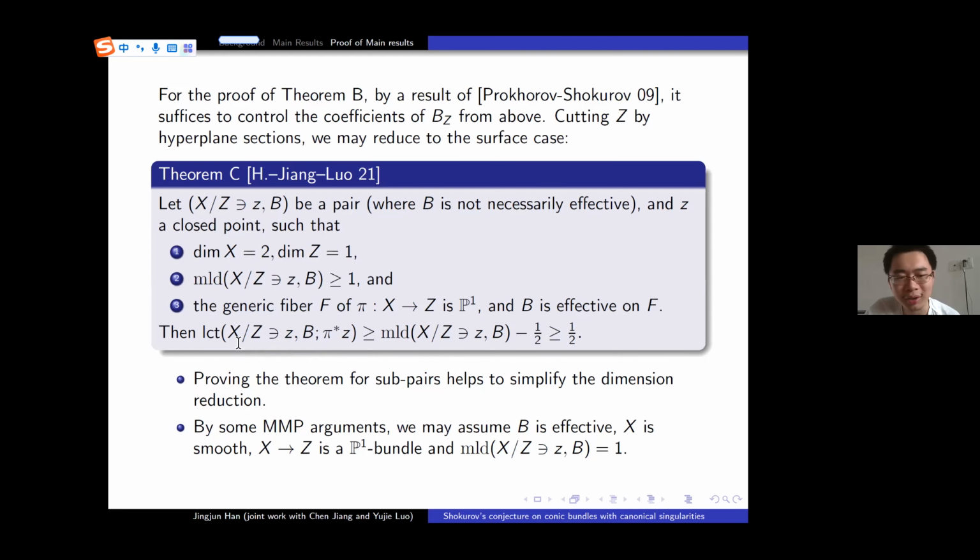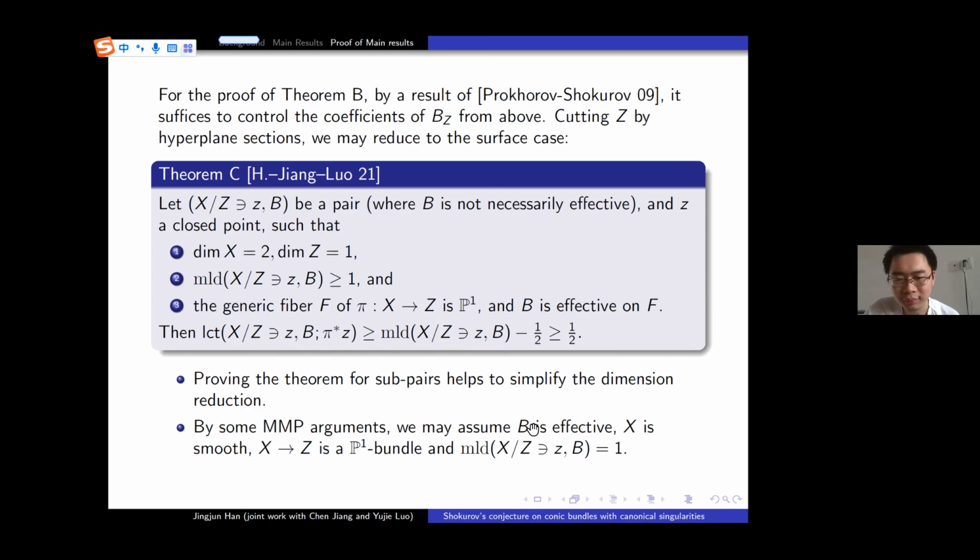And then we can show that the log canonical threshold is larger than the MLD minus 1 over 2, and is larger than 1/2. So then by theorem C, we can control the coefficients of the base, because by the canonical bundle formula, the coefficients of B_Z are defined by 1 minus the log canonical threshold.